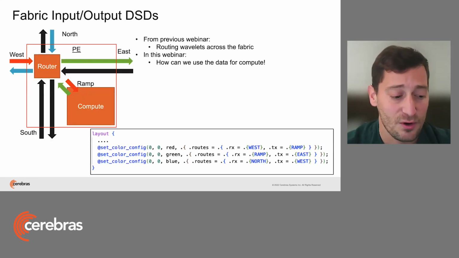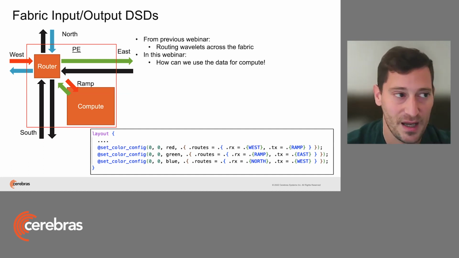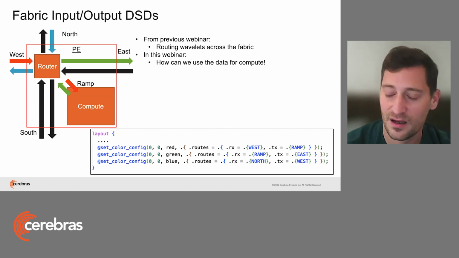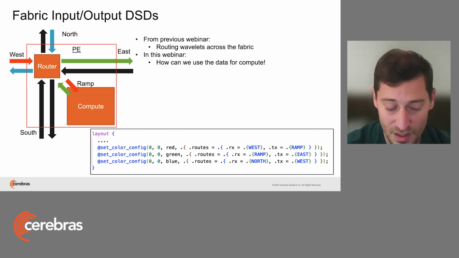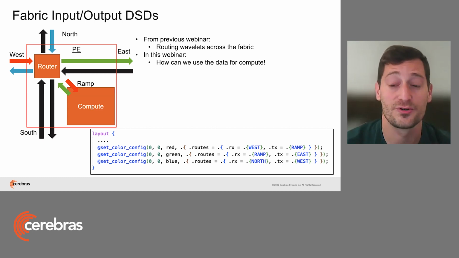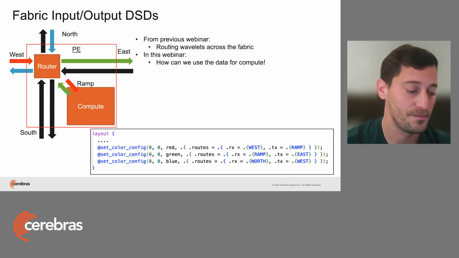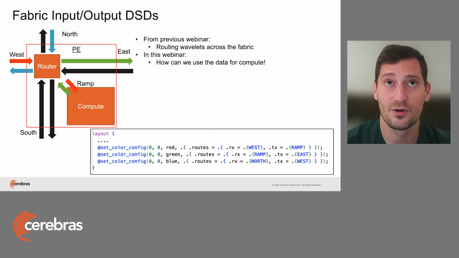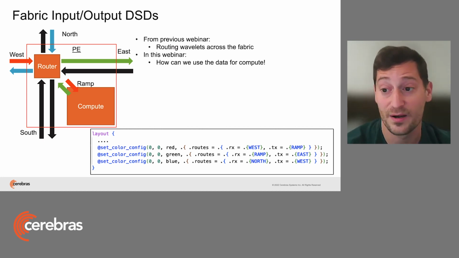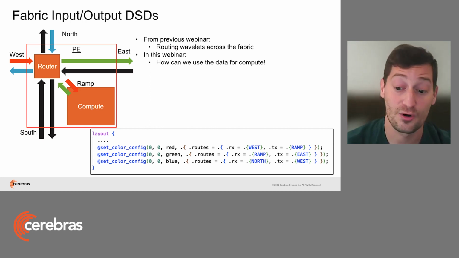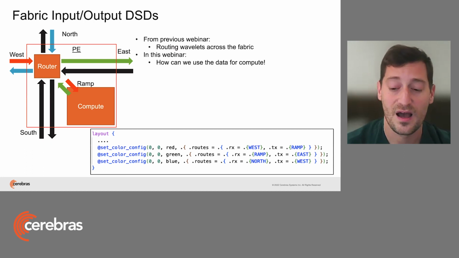In one of our previous webinars, the one presented by Andy Gill, we saw how we can route data across the fabric, these are called wavelets. So how we can route wavelets across the fabric using the set color config built-in.